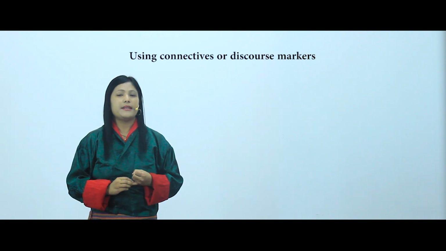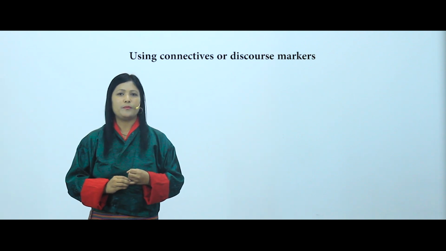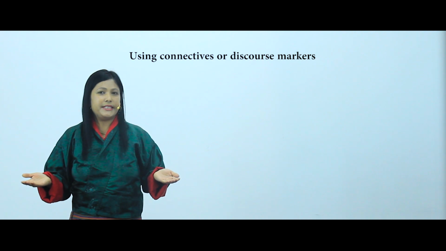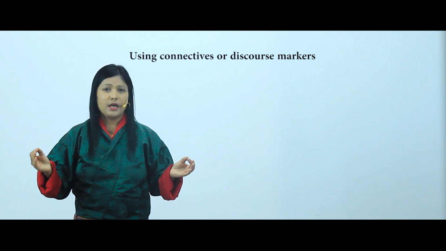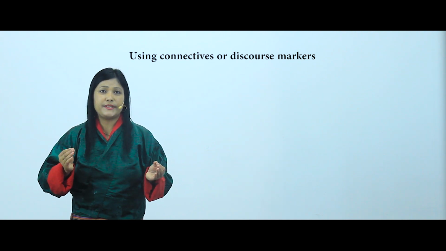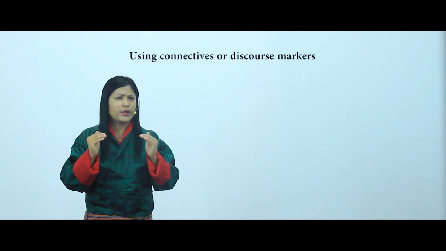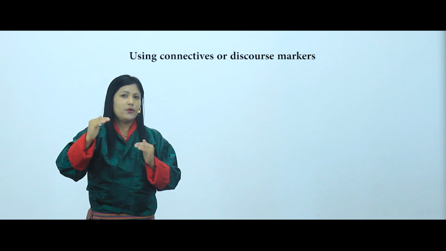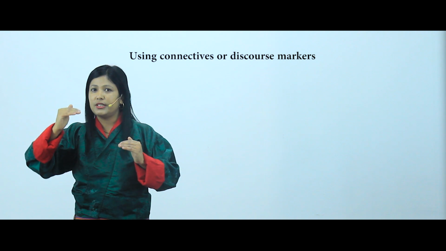Now let's go on to the third point of coherence, using connectives or discourse markers. Now we have our ideas with us, we have a thought, but how do we put these ideas together? How do you connect it so that you have a flow from the first sentence to the next?